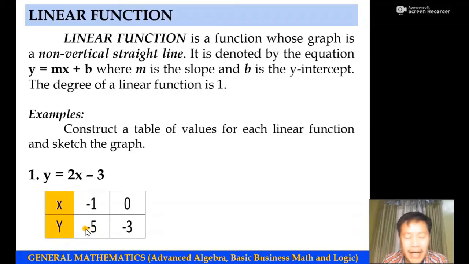Do not apply the rule in multiplication in adding signed numbers, because the rules in addition and subtraction are different from the rules in multiplication and division. For 18 years of being a teacher in both private and public school, I encountered that students are having a positive result if they are adding two negative numbers.